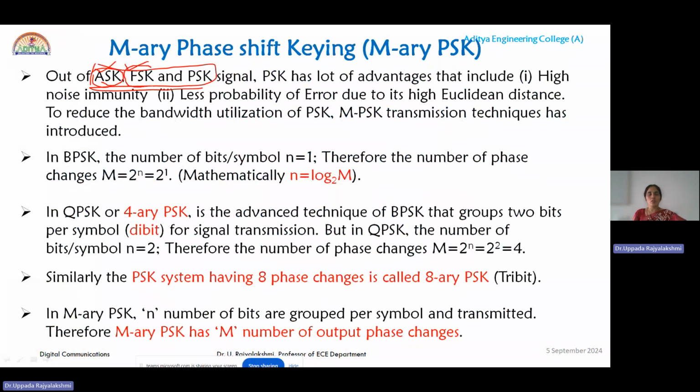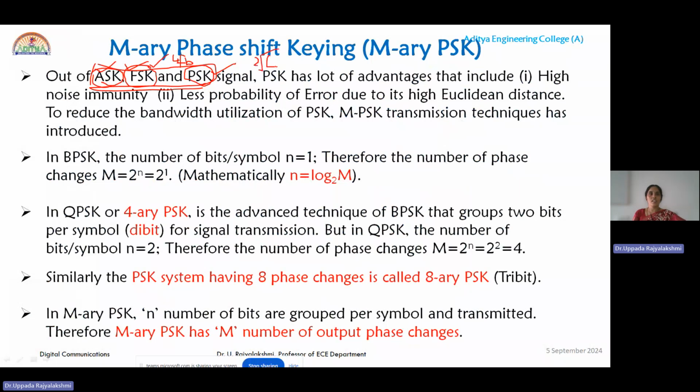In FSK, even though there are no amplitude variations, the bandwidth requirement is more, which is equal to 4 times that of FP. In PSK, we have no amplitude variations. Similarly, the Euclidean distance is also very high, and it is equal to 2 root ES.